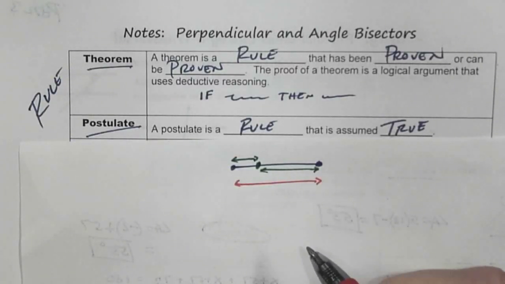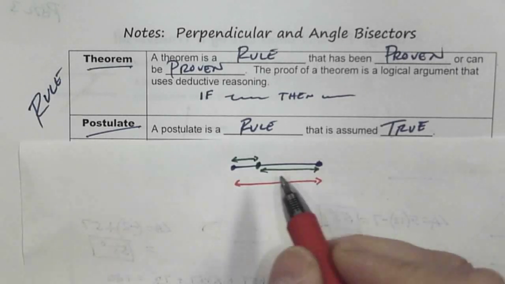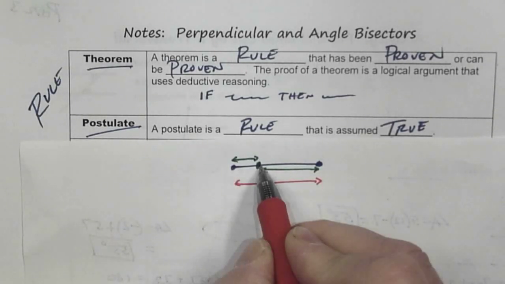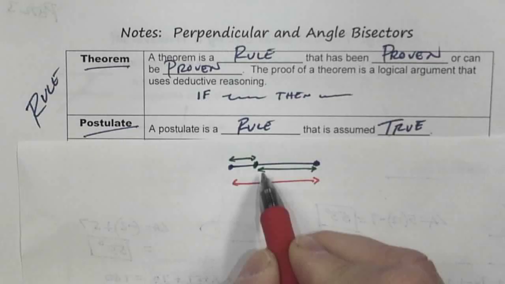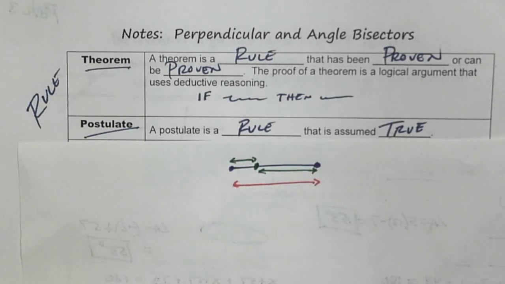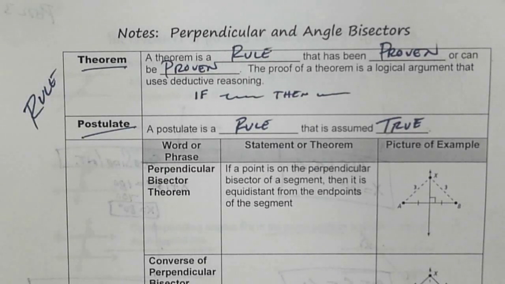No duh, right? That just seems obvious. If I measure this little amount and then that bigger amount and add it together, I'll get the whole thing. Well, that is a true statement that has never been proven. It's just assumed true because it seems so obvious. It's also never been disproven.